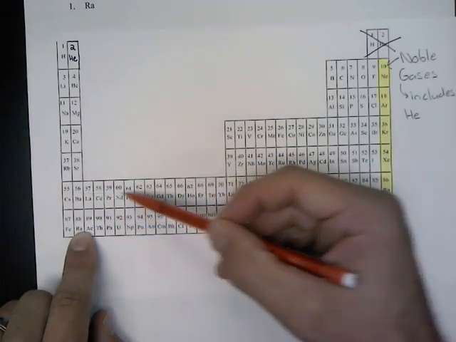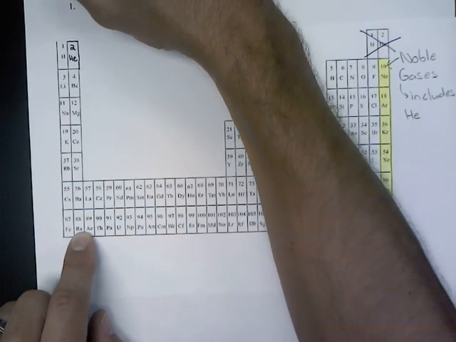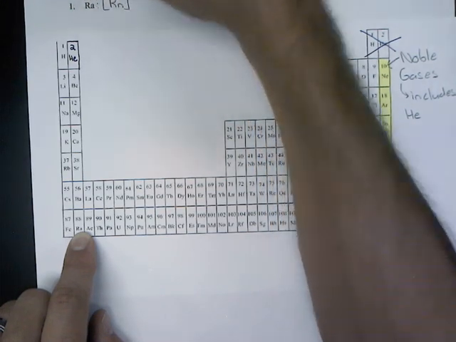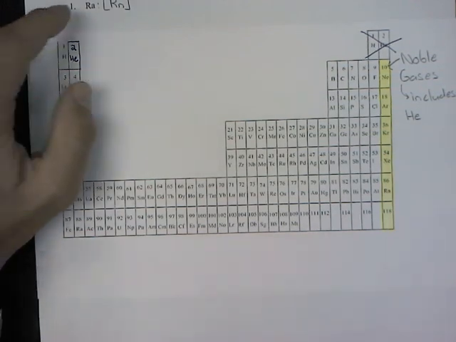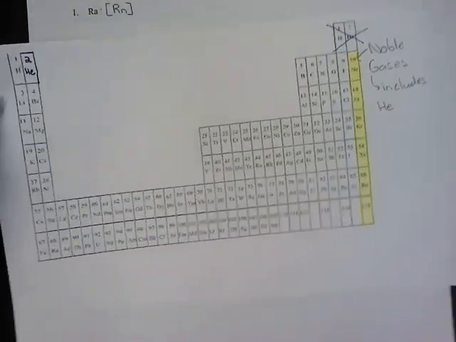So to write the electron configuration, we found radium. We don't want to write all that business down, so we go up a row all the way to the right. We find that first noble gas, and that is radon. So we write down in brackets Rn to represent that we have radon. And that says that we have accounted for every electron up through radon's electron configuration.